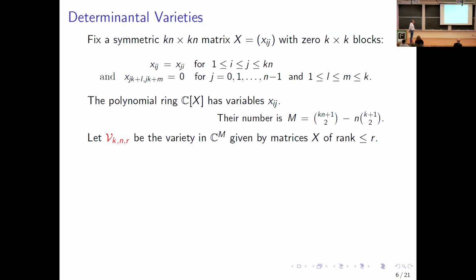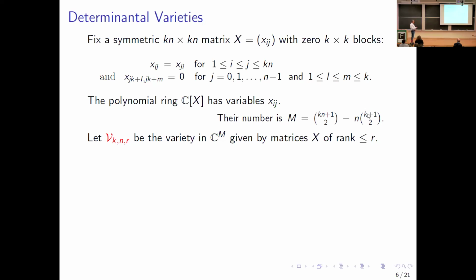We form the polynomial ring in all of these variables, for simplicity with complex coefficients. The number of variables is this binomial coefficient: all the entries in a symmetric matrix minus the number of entries I've set to 0. So this is a polynomial ring in capital M variables.